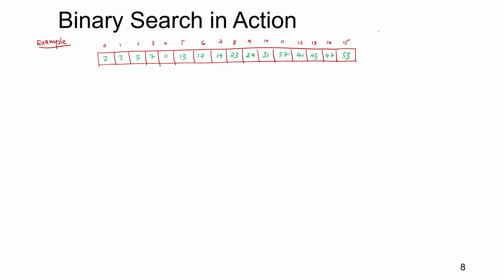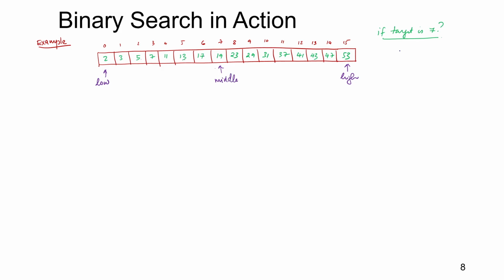In the list, this is your low item, this is your high, and since there are 16 items, the middle item will be here.